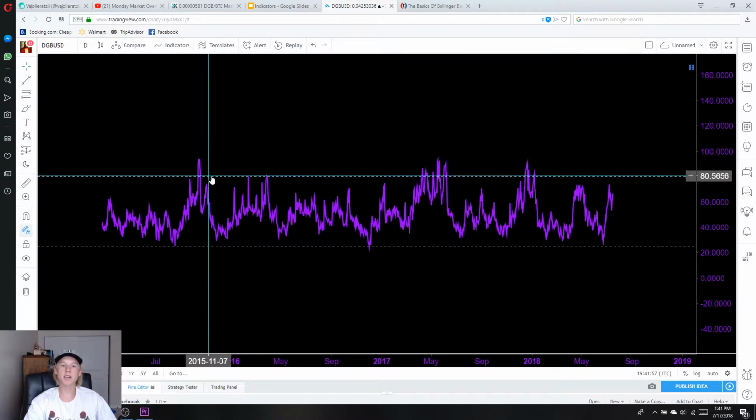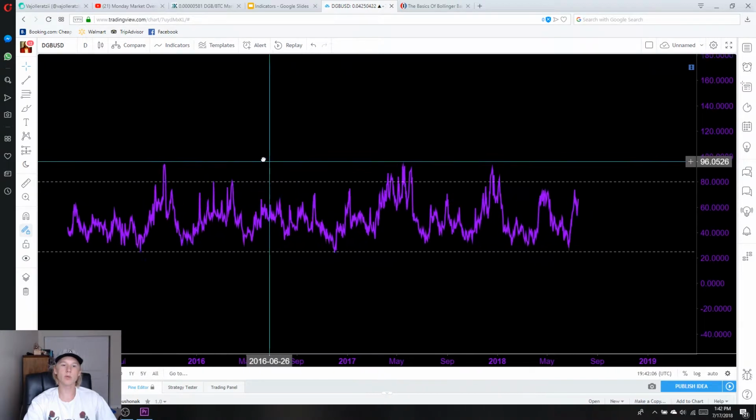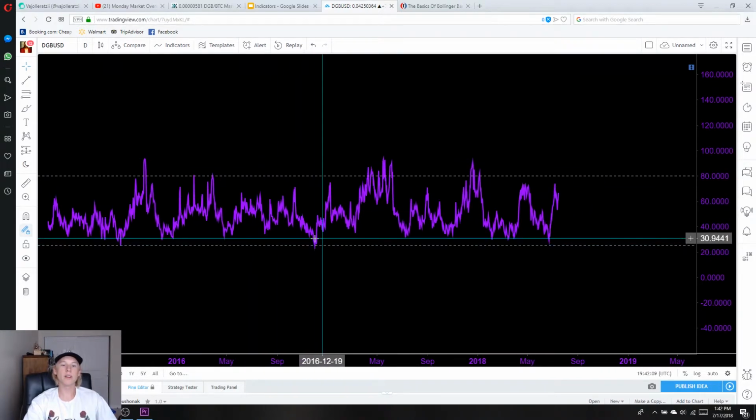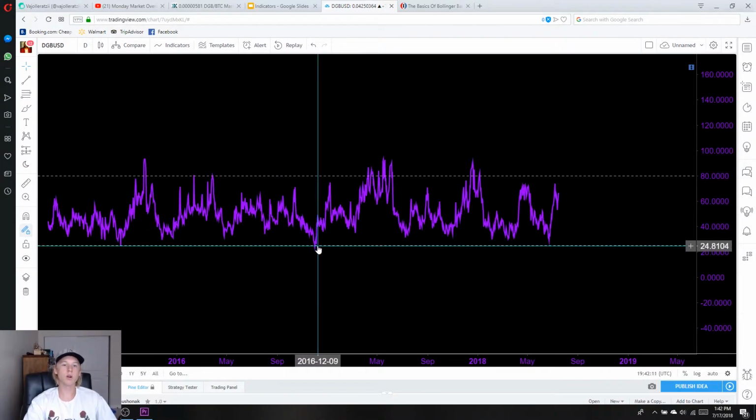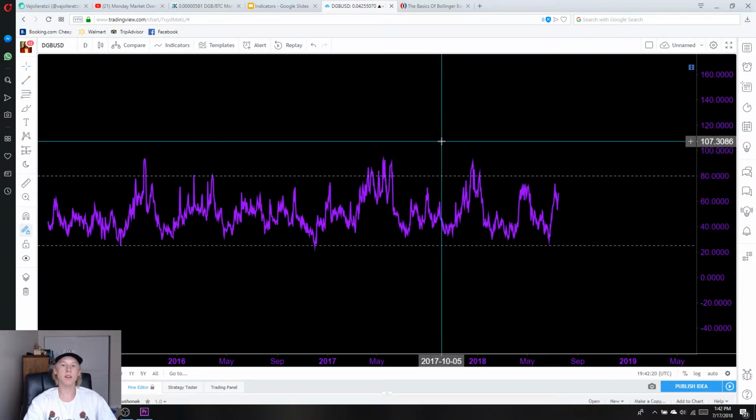Anytime prices touch this upper dotted line, that means the market is overvalued, and you should expect that prices will eventually come back down on the downside and retrace. However, when markets come down and touch this lower dotted line, that indicates that the market is extremely oversold. You should expect a bounce and a momentary rally in the market itself.